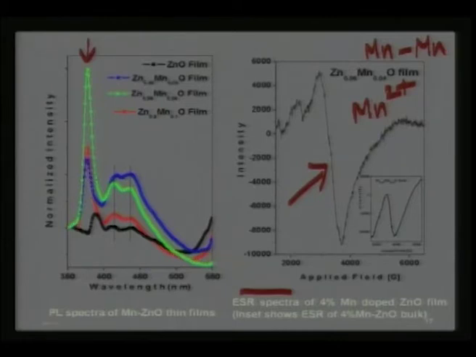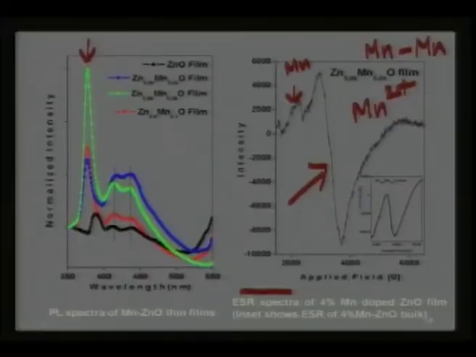If it is Mn interaction, then you would expect something like this, and there is also another signature here which is typical for the Mn3O4 phase, which although you do not see in the bulk form, yet you see there is a clear signal for something other than Mn2+. It could actually come from Mn3+ or Mn4+ concentration. So, this is the situation if you try to look at the PED grown thin films.